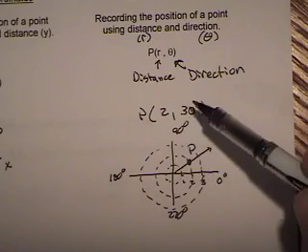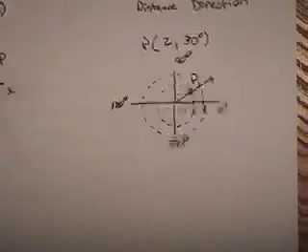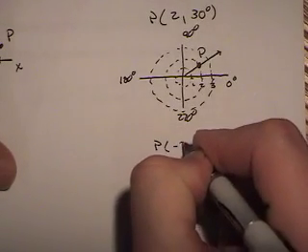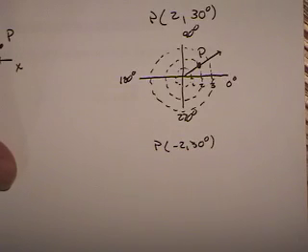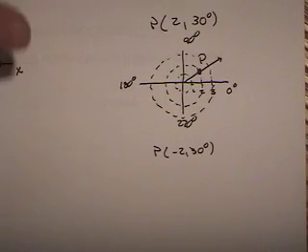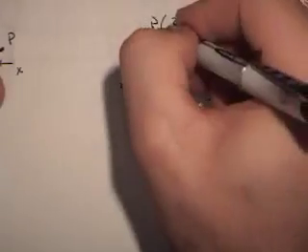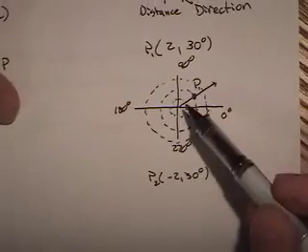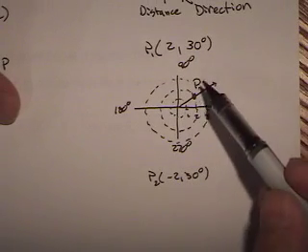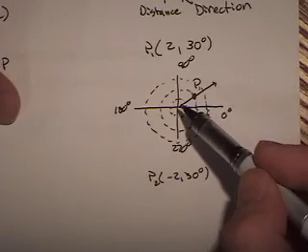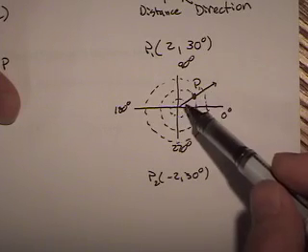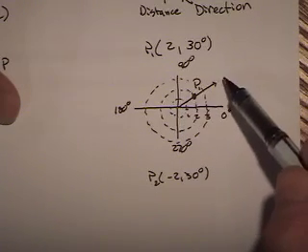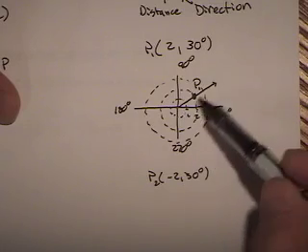Let's think about negative distances though. How about a point that's (-2, 30 degrees)? Let's call these point 1 and point 2. If I had to graph point 2, (-2, 30), here's my point 1. I do the same thing, I graph the angle. If you picture yourself standing at the origin, you face the angle that you draw, so I'm going to face in the 30 degree direction.